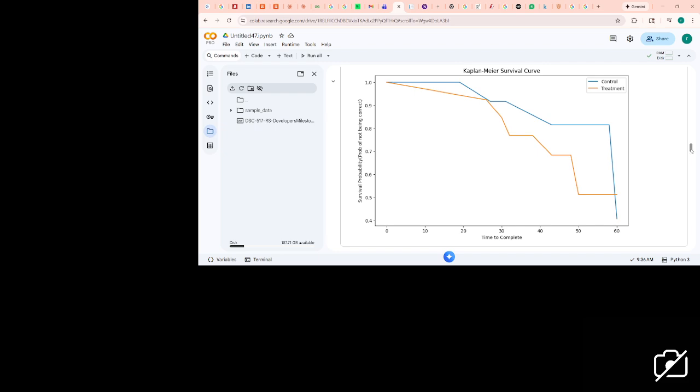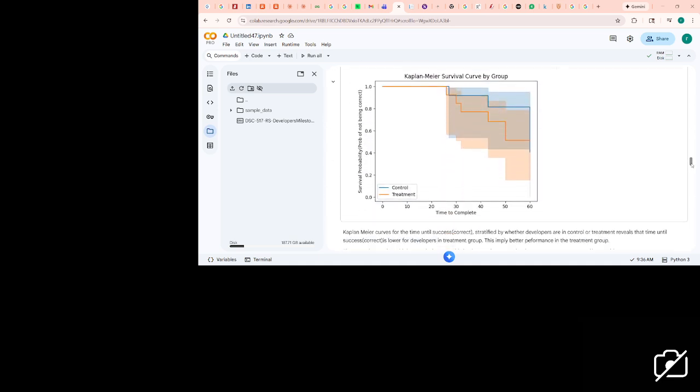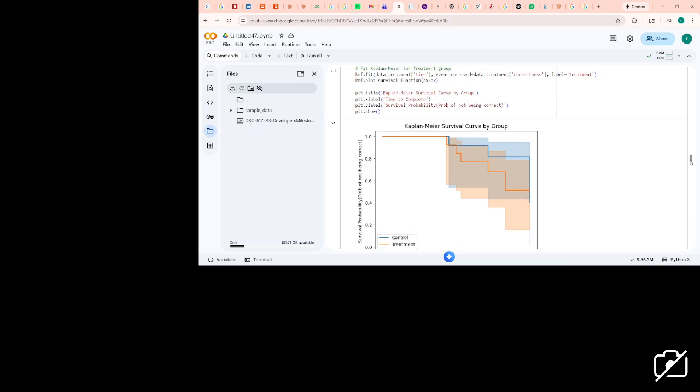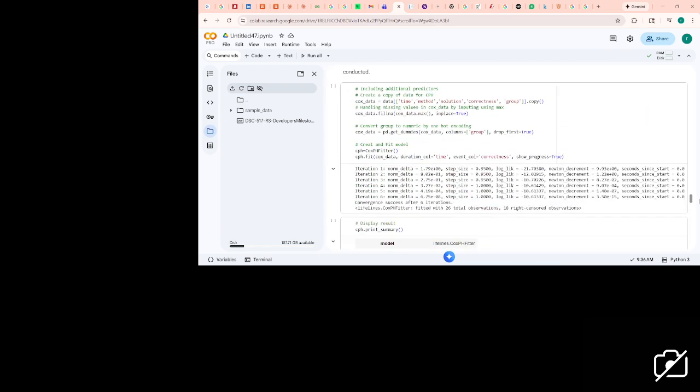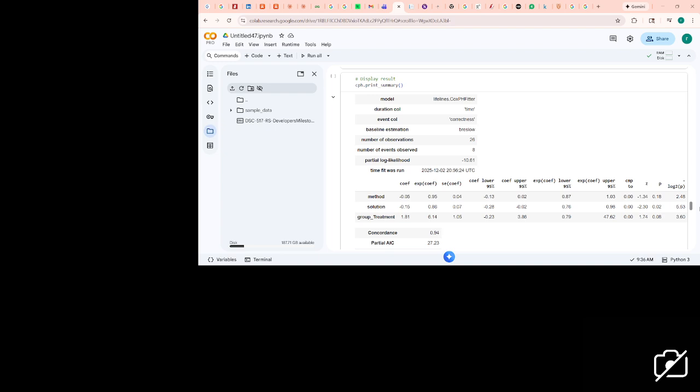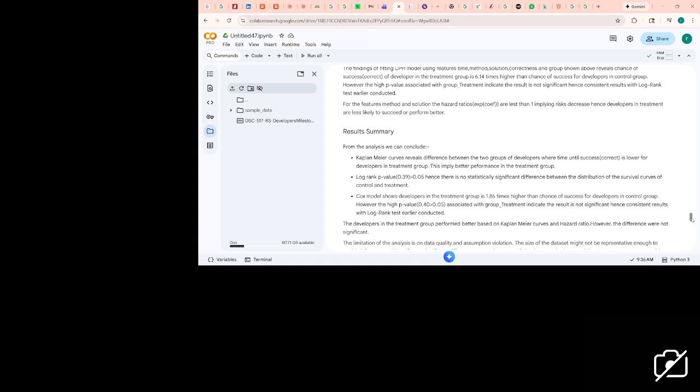Then the same can be seen in the second plot plotted using the plot survival function. Then on the log rank test, since the results from the Kaplan-Meier curve were showing that there is a difference between the two groups where the treatment was displaying better performance, we also performed the log rank test to see if the performance difference was significant.